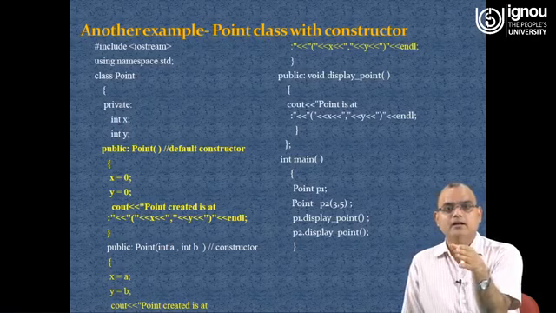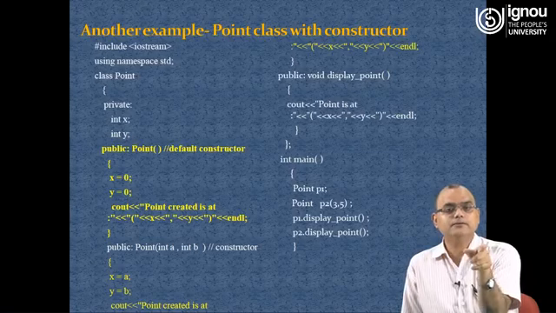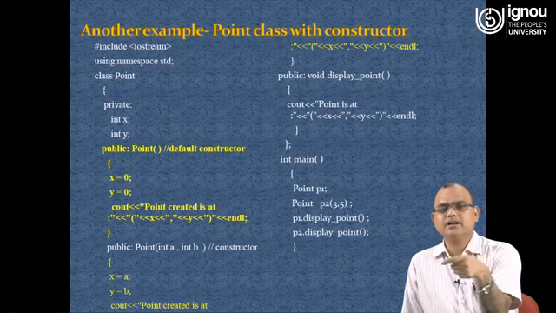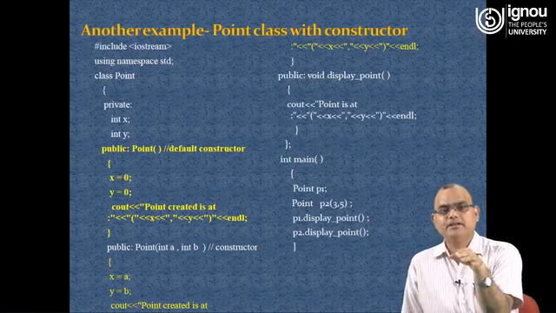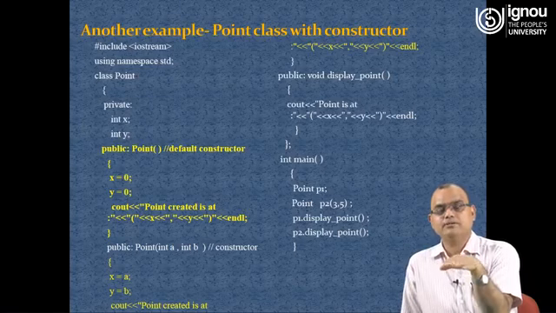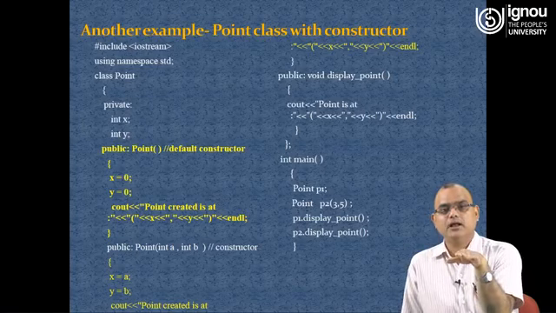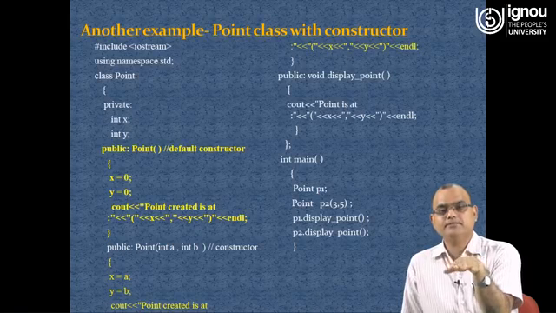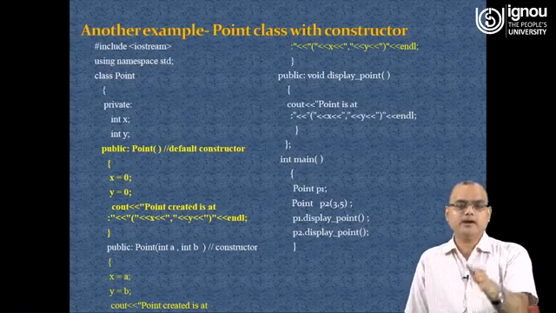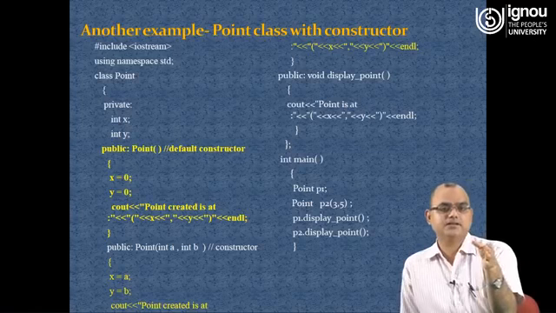Then we have one method, display, in which we display the values of x and y. So basically we are displaying the location of that point object. In the main method we have two point objects, P1 and P2, and we display the values of P1 and P2. Now let me come to the left side of the screen.